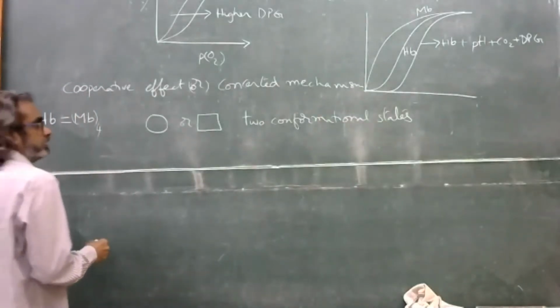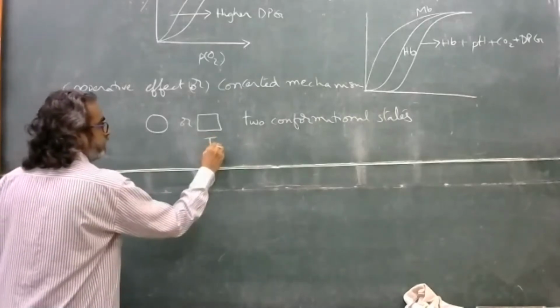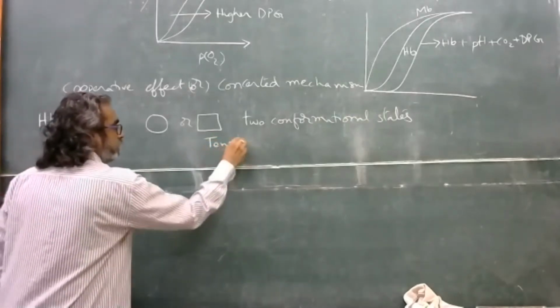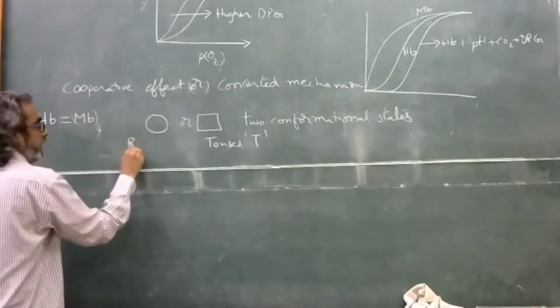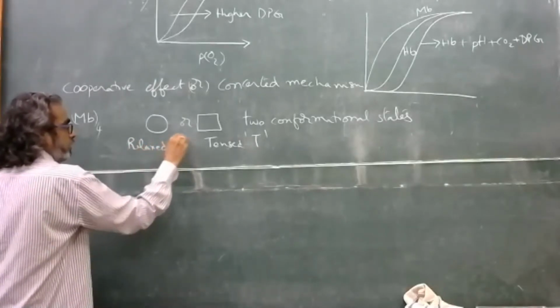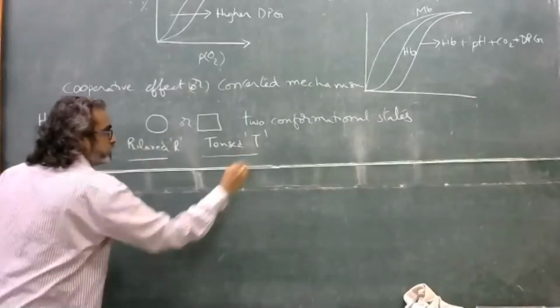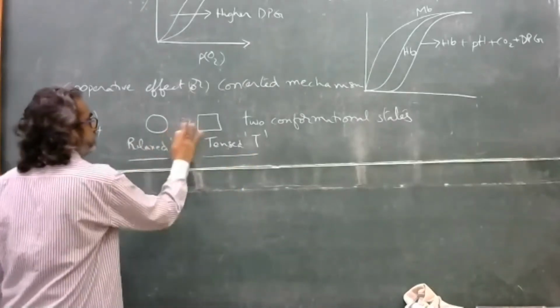So these states you can write as one called tensed or T, or relaxed or R, another conformation. So these 2 conformations are in equilibrium with each other.